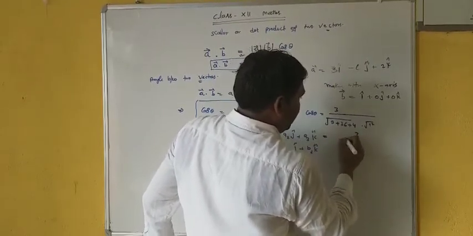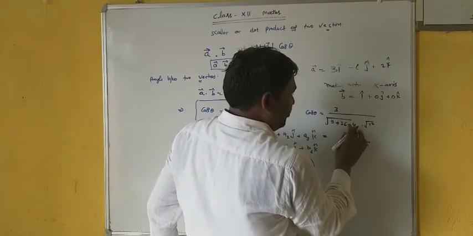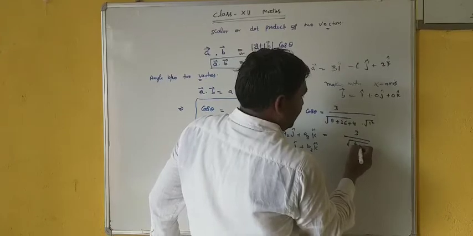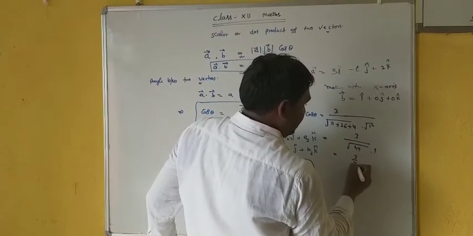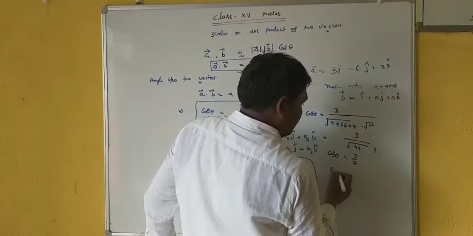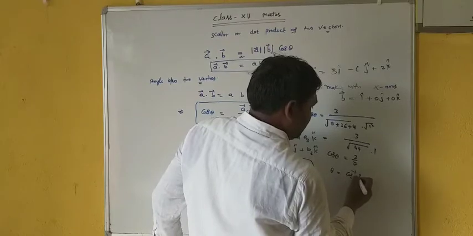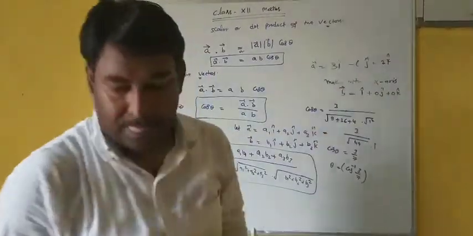That implies 3 upon under root 36 plus 4 is 40, 49, means 49 into 1, that is 7. 3 by 7. So here cos theta is 3 by 7. So theta is cos inverse 3 by 7.